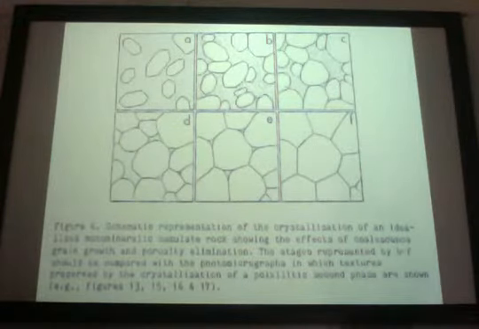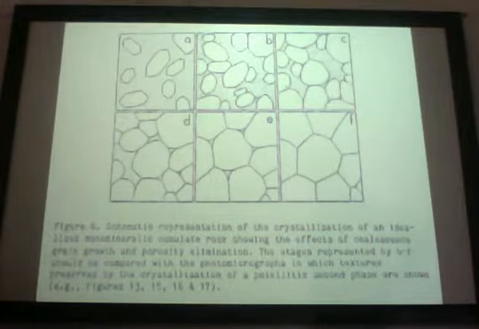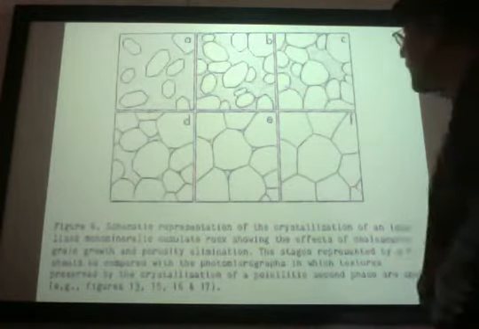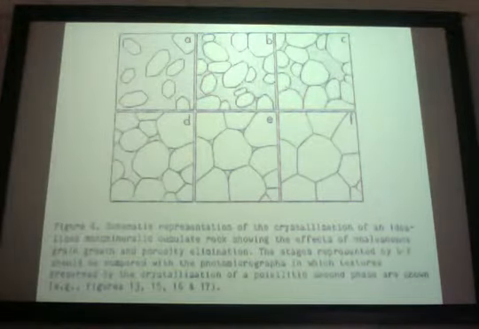Yeah, that is a schematic representation here of a monomineralic cumulate rock. Monomineralic means all these minerals in this sketch map are of the same chemical composition.